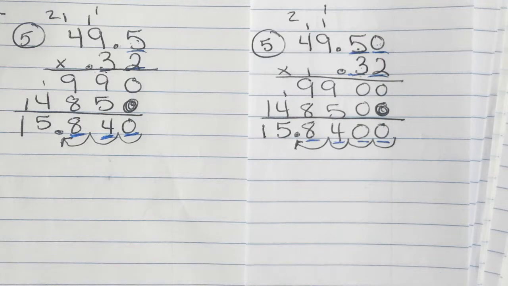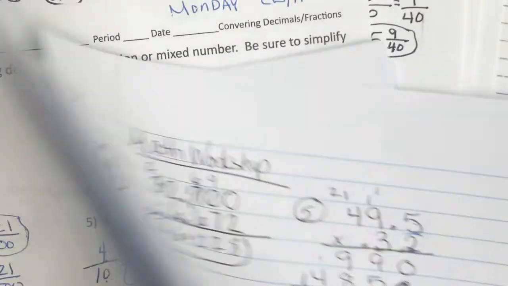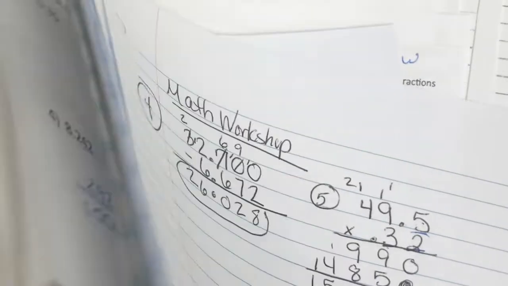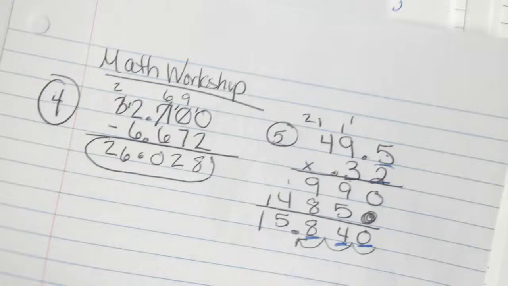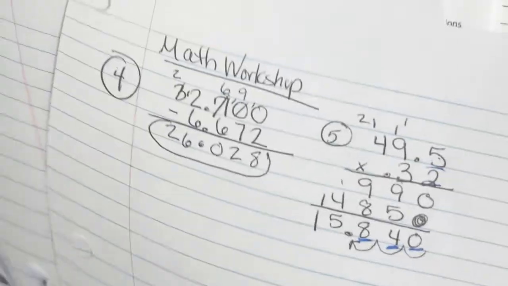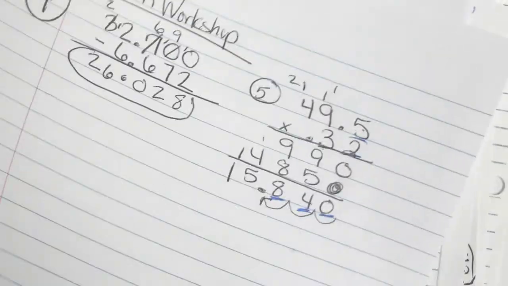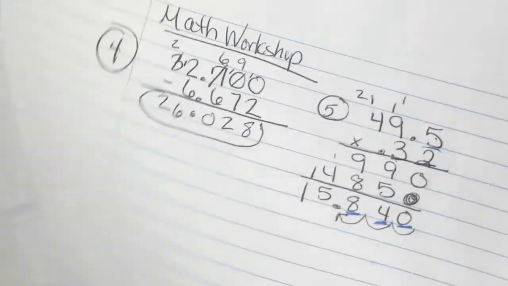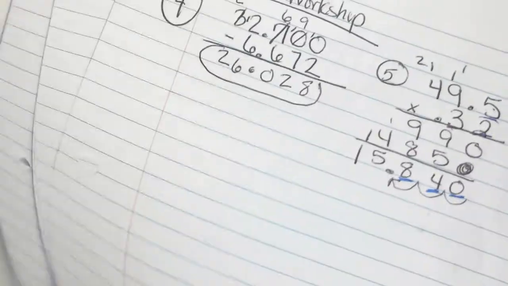Okay, get out last night's homework, and I'm going to do my best to kind of talk you through them. The ones that I left you with. Let me find one. Yes, converting fractions to decimals and decimals to fractions. Woo!